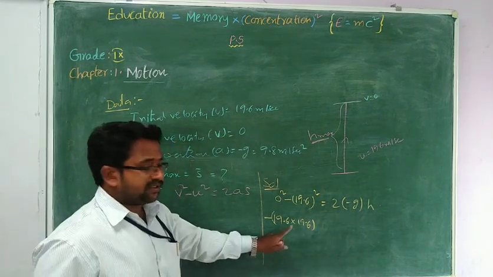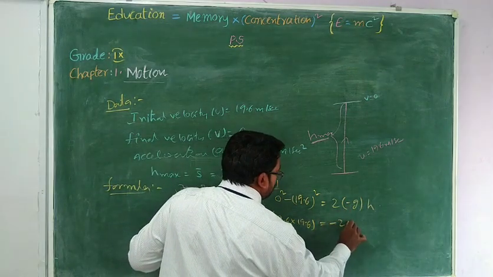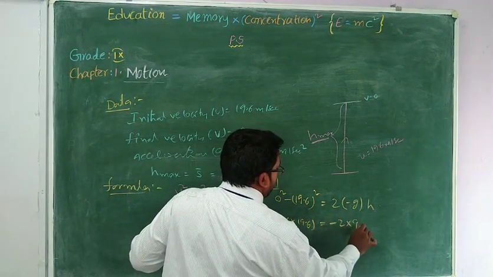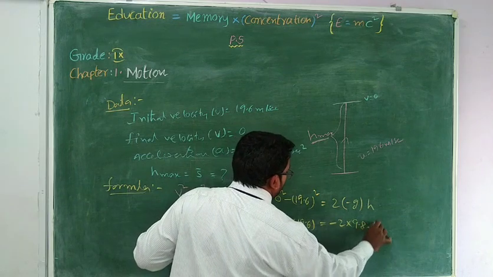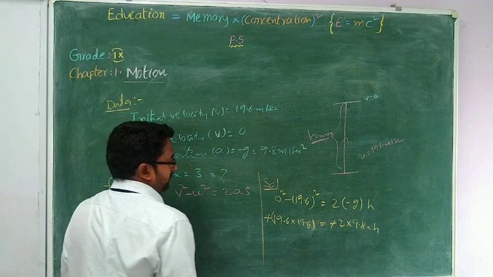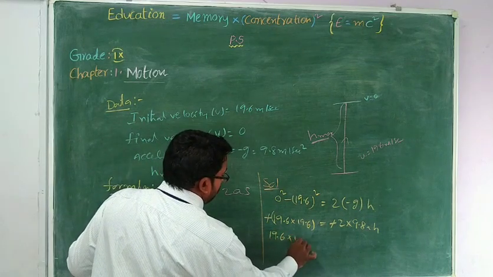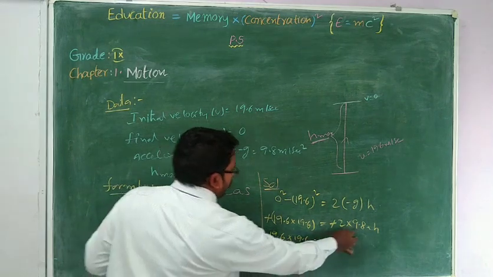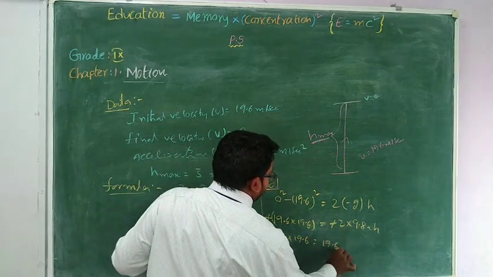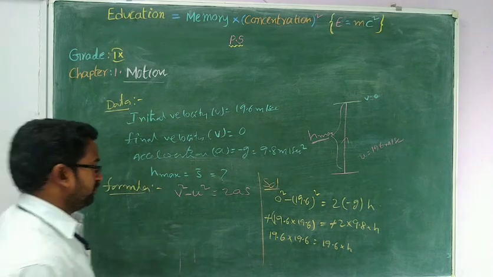Don't multiply this, keep it like that only. This is minus 2g, which is 9.8, into h. Minus gets cancelled. Now 19.6 into 19.6 is equal to 19.6 into h.